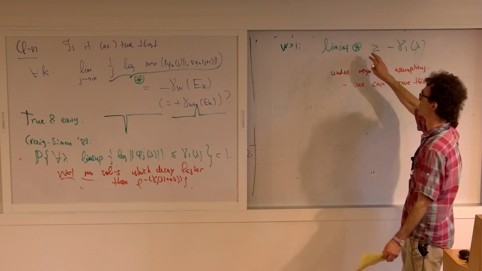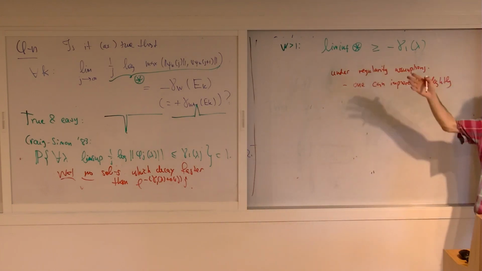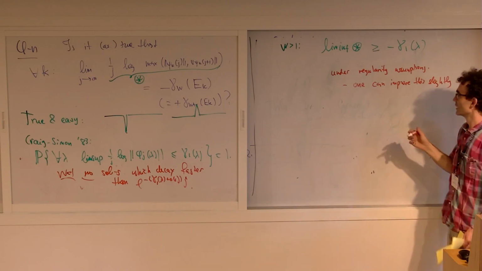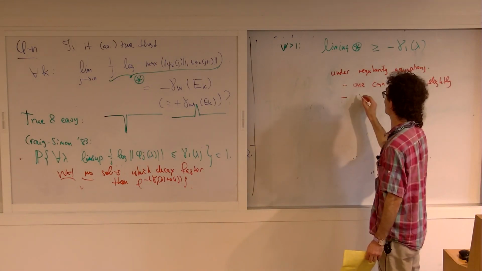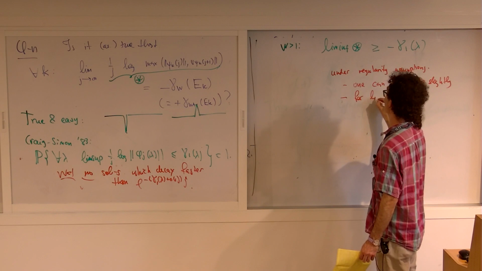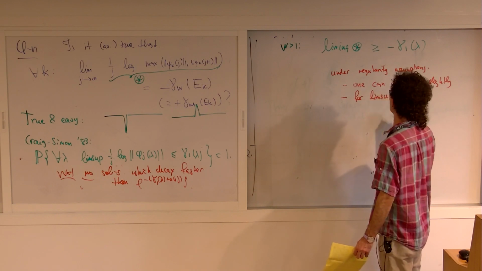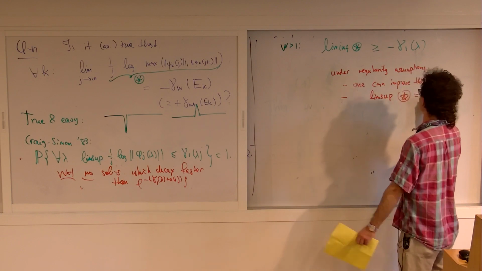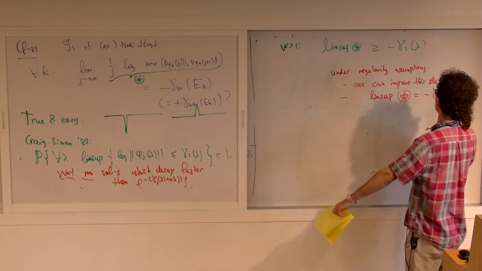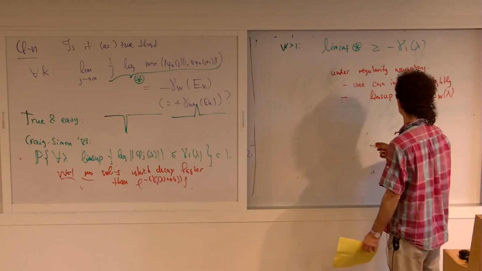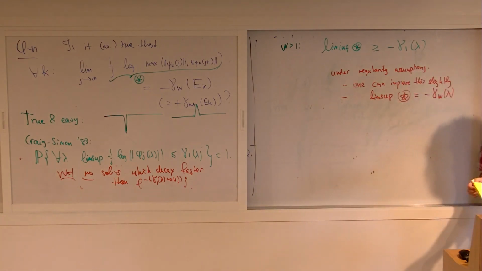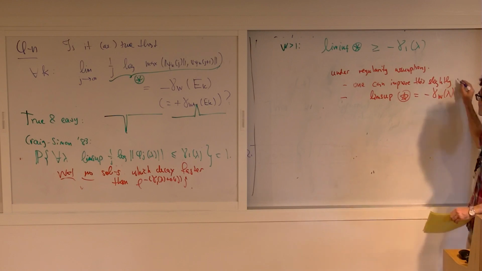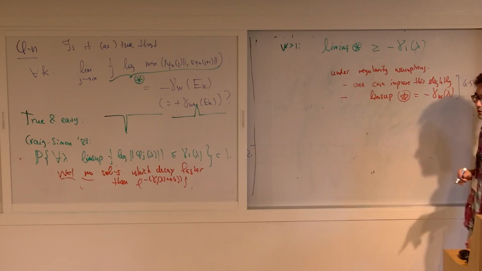Basically prove that this is a strict inequality. I mean, there's an explicit lower bound which is strictly better than this, and also one can show that the lim sup is equal to minus gamma w of lambda. So at least on the subsequence, the behavior is as it should be. These two appear in recent work with Ilya Goldsheid.